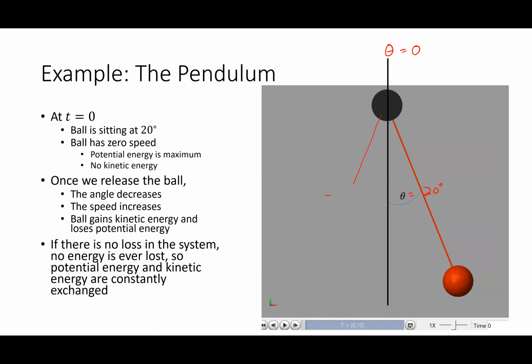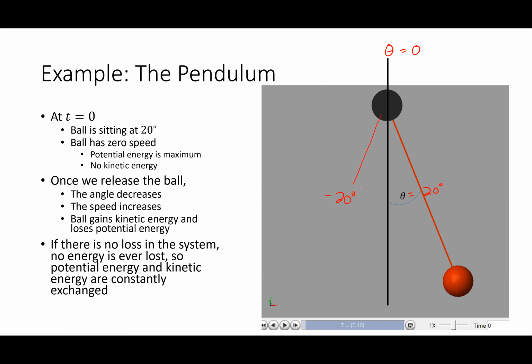Now let me ask you this. Right now, if I pulled that ball up and I'm just holding it, it has only potential energy, right? He's got potential. He's not doing anything. Now, if there's no friction in this system, what should happen?